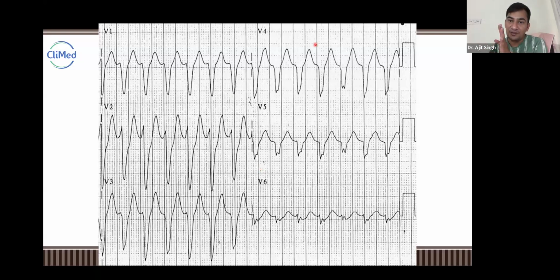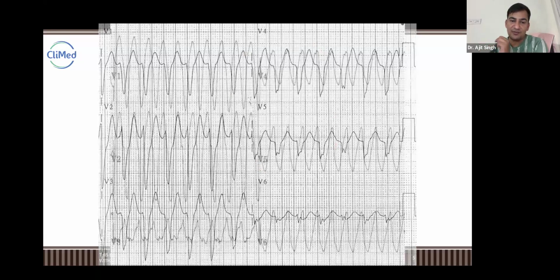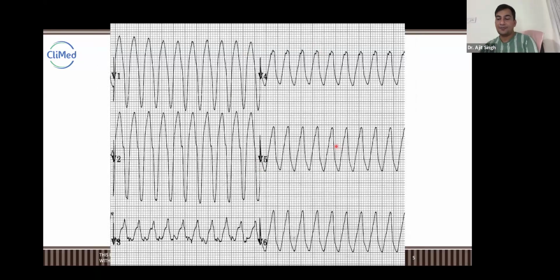Monomorphic VT? Okay. Look at this once more. Look at this. What is this, guys? Monomorphic VT? Perfectly fine. Look at this completely. Monomorphic VT.